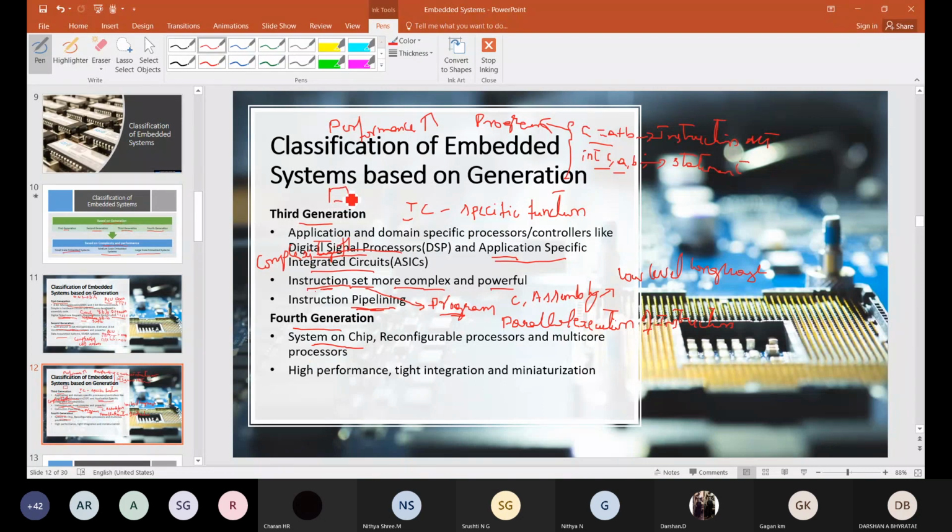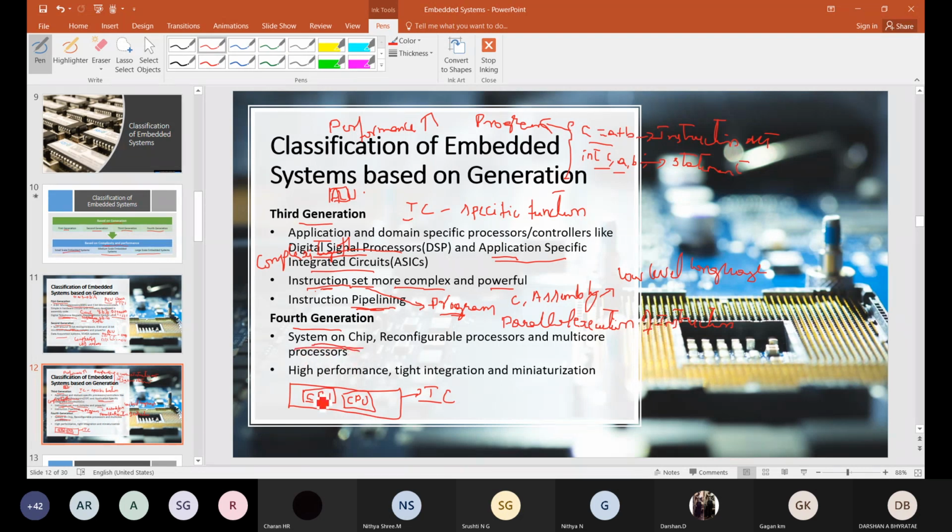In the first and second generation I use only one single ALU, nothing but the CPU. In this fourth generation, if this is my IC, I can use multiple CPUs in this IC. If I call this my integrated circuit, I can implement multiple CPUs in it. That is what we call system on chip.